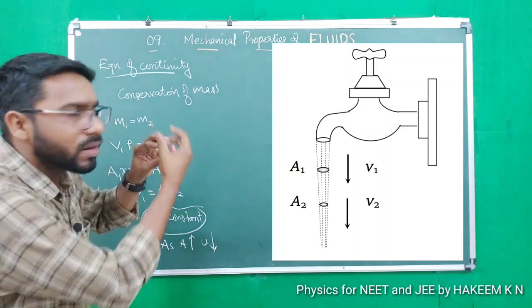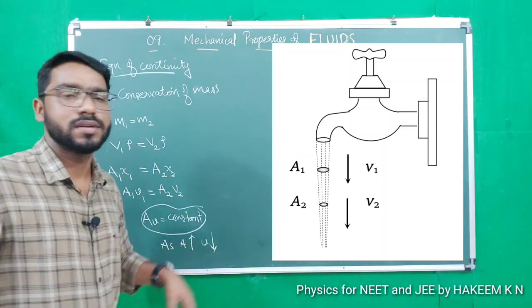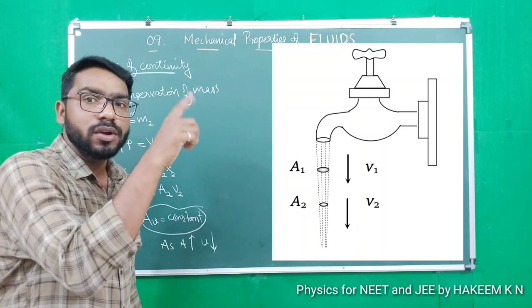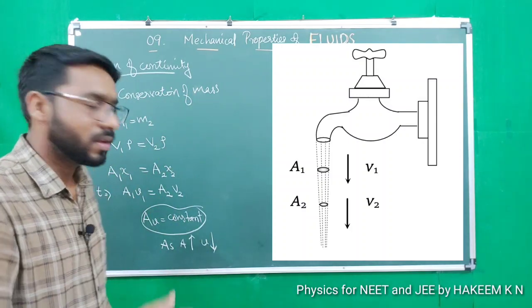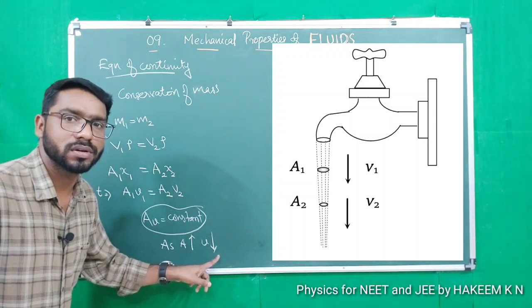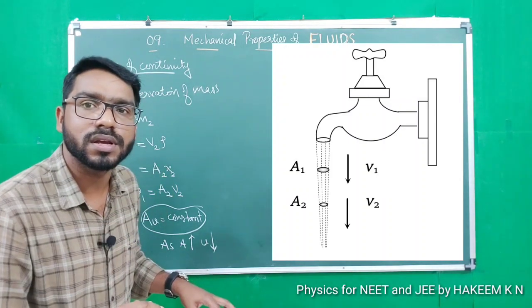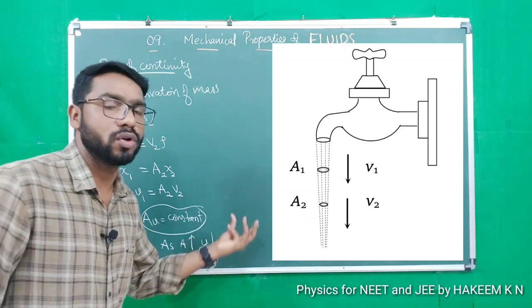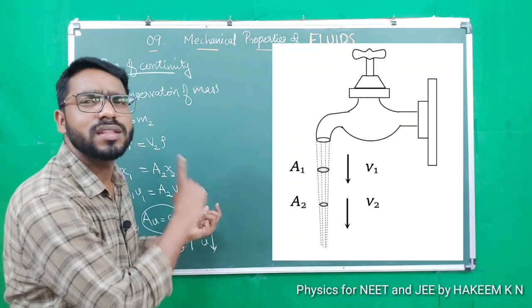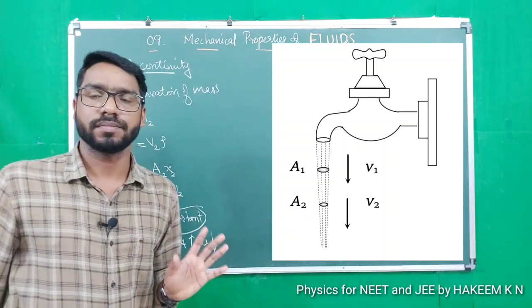As the water falls towards the earth, the speed of liquid particles increases due to gravity. If velocity increases, then the area of cross section should decrease. That is why the liquid becomes thinner and thinner as it reaches towards the earth.